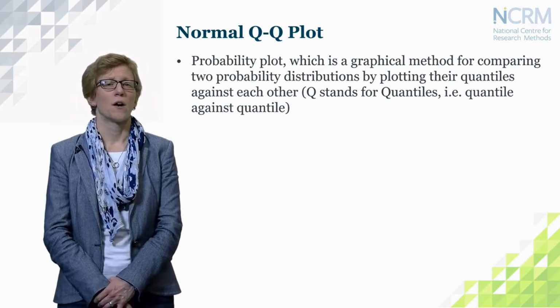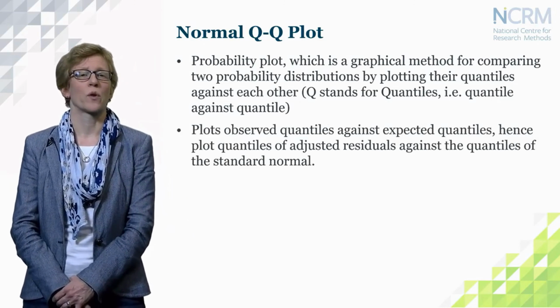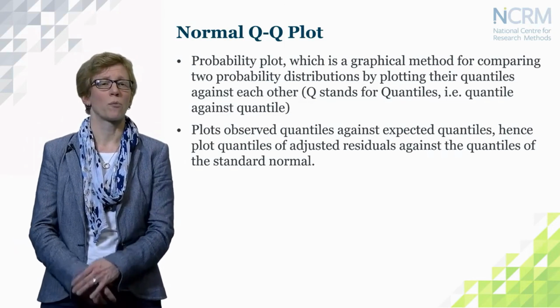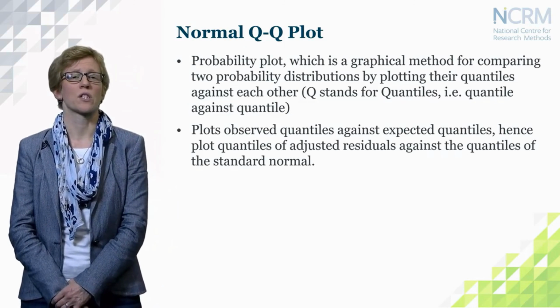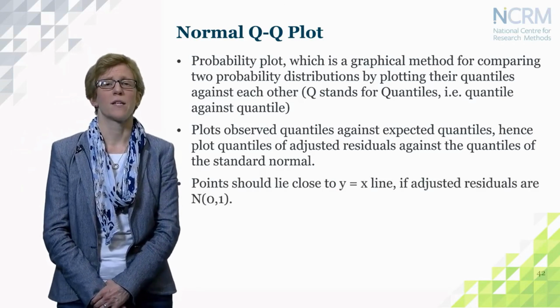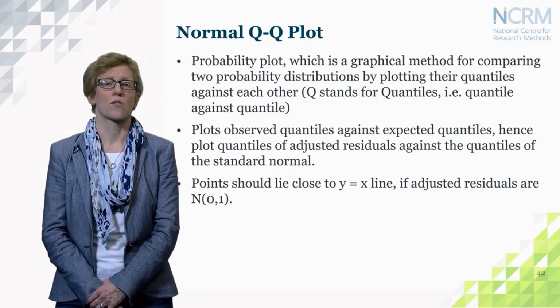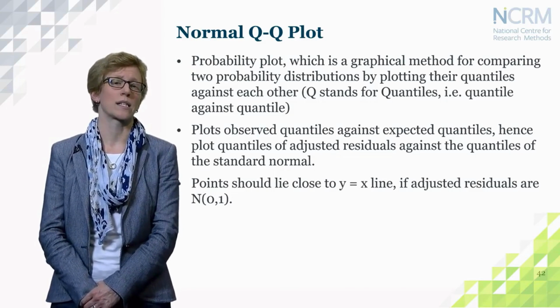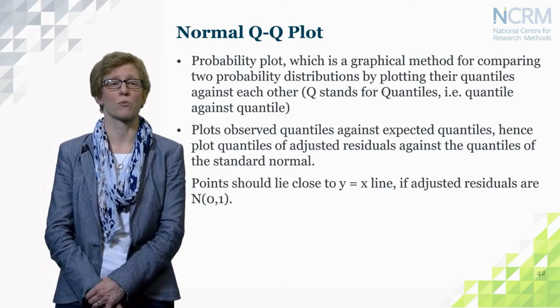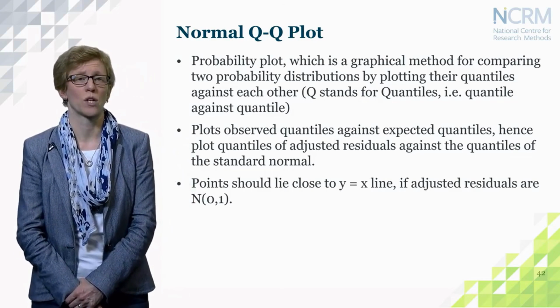We are plotting observed quantiles against these expected quantiles, and hence we plot quantiles of adjusted residuals against the quantiles of the standard normal. That means that the points should lie just on the straight line, the y equals x line, at least if the adjusted residuals indeed follow the normal distribution, which is true under the H0 hypothesis.